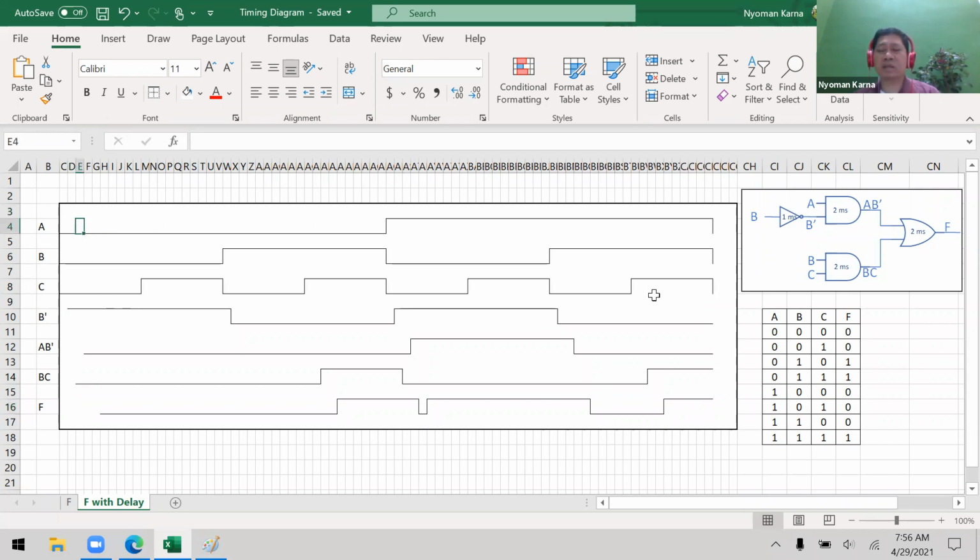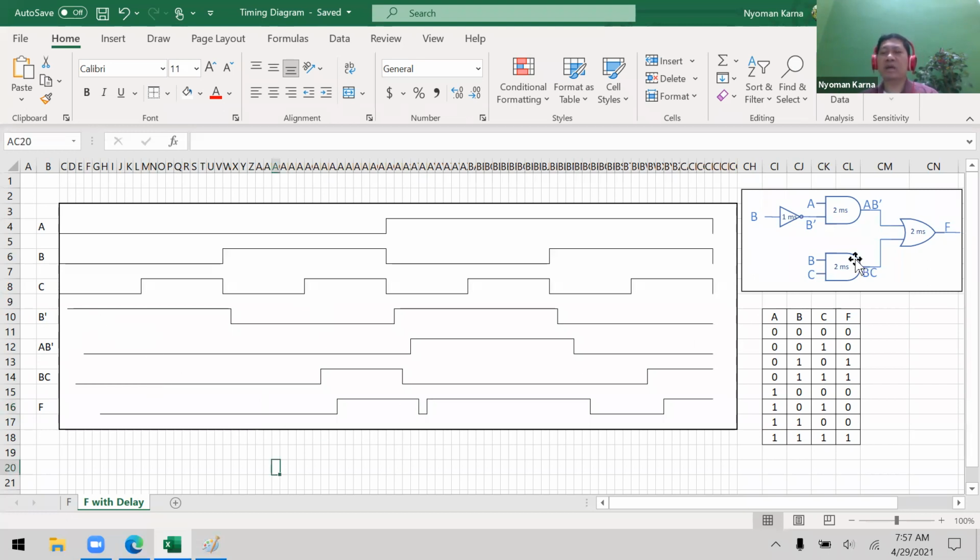That will create a glitch in here, just one glitch. However, if we increase the delay, for example, from 1 millisecond to 10 milliseconds, the glitch will become very big because this B naught will be delayed further away.